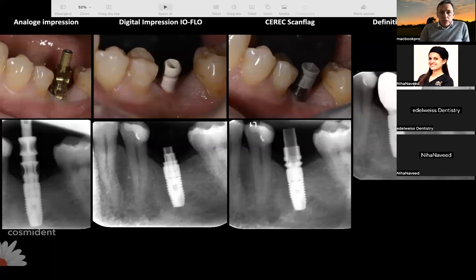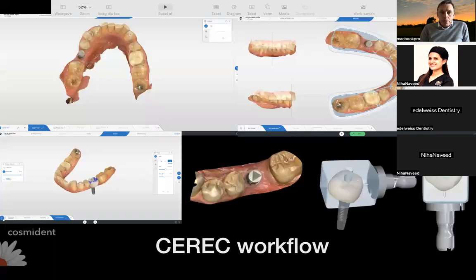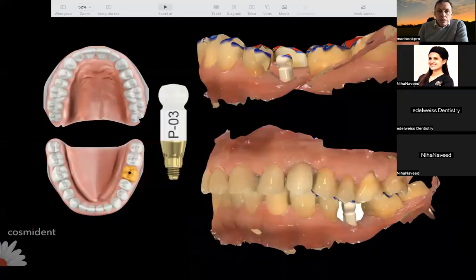Here you see the digital scanning and the analog impression on the left side. Based on that, we do the CEREC workflow, because this is the way we work every day. It is very easy, because once you place the implant, you do an intraoral scan with a special tie-base abutment.